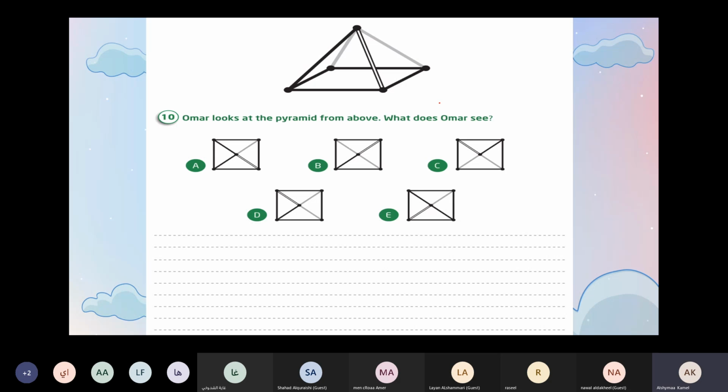Number 10. Okay. Omar looks at the pyramid from above. What does Omar see? If you take this pyramid and look at it from above, which figure from here will he see?